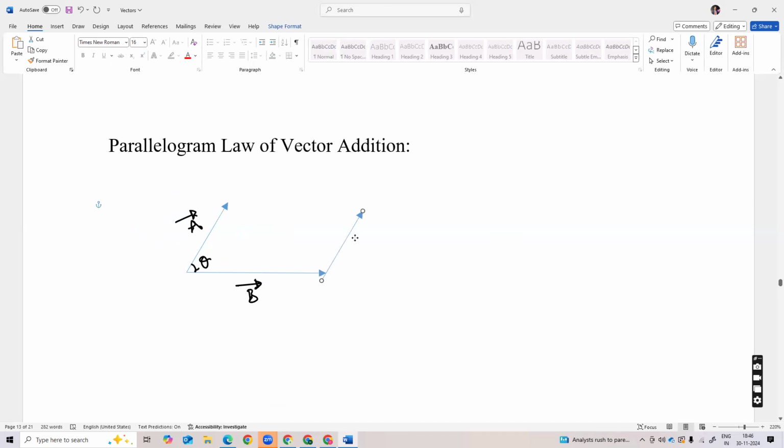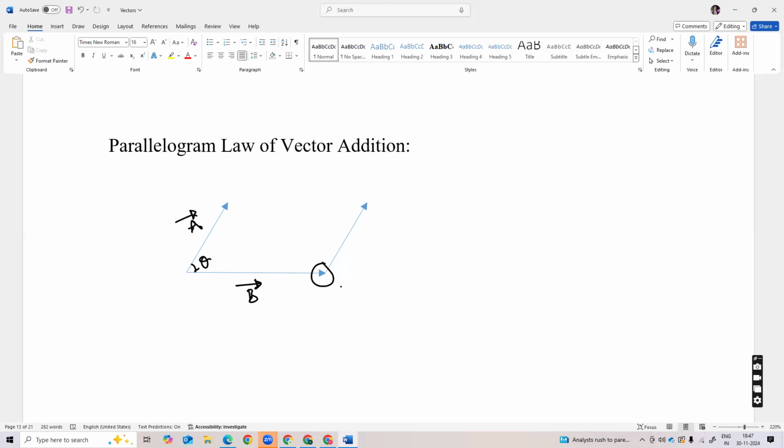So basically we will move vector A such that the tail of vector A matches the head of vector B. Here this point is the head of vector B, and this point is the tail of vector A.